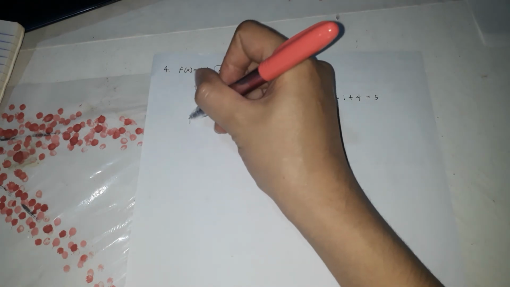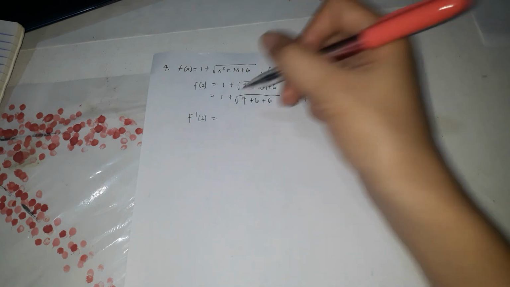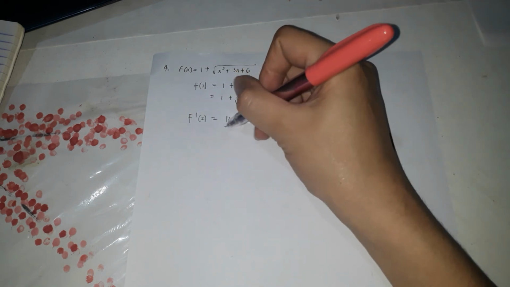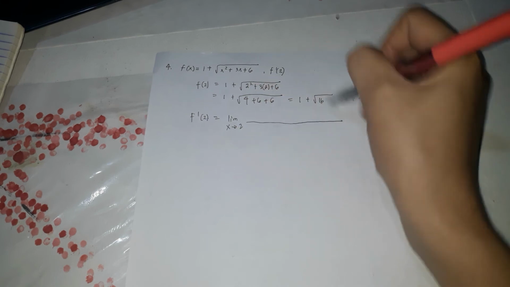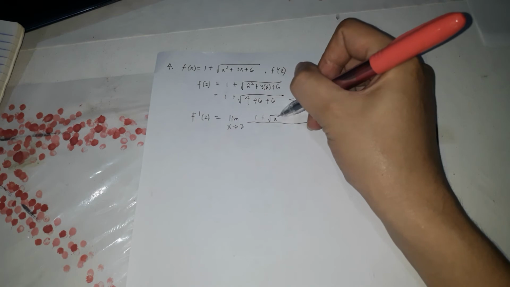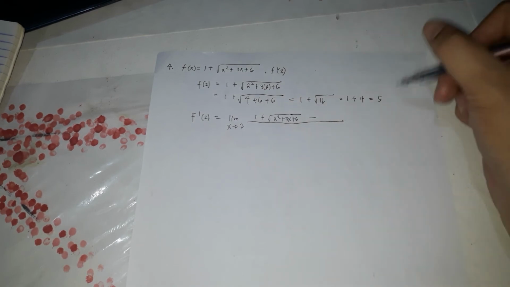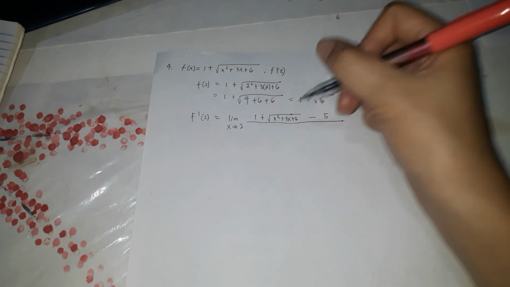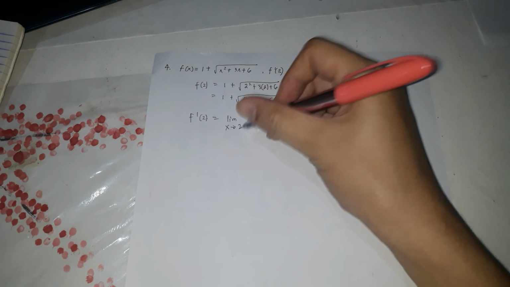So the derivative of the function at 2 is equal to the limit as x approaches 2. First, copy the function. Copy this: 1 plus square root of x squared plus 3x plus 6, minus what we solved, 5, always x, minus 2.